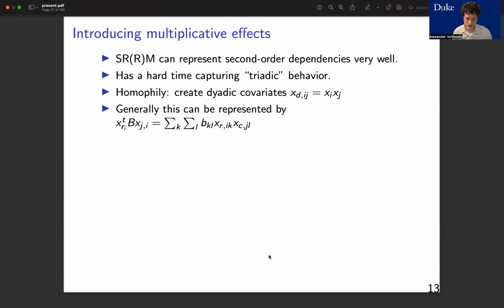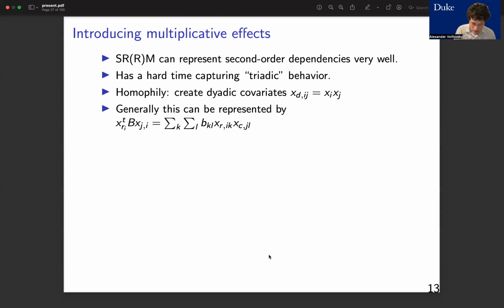So if you think about xi and xj as saying that person I belongs to a particular club, then xi xj is the indicator that both people belong to that club. And so if there is in fact some kind of homophilous interaction due to belonging to that club, that type of covariate would capture it.